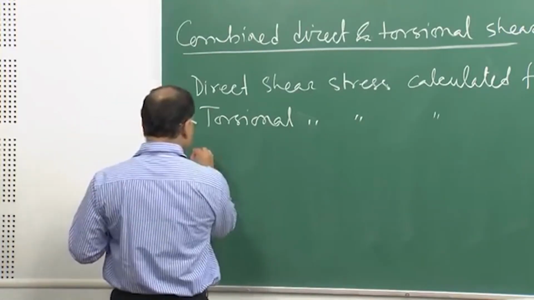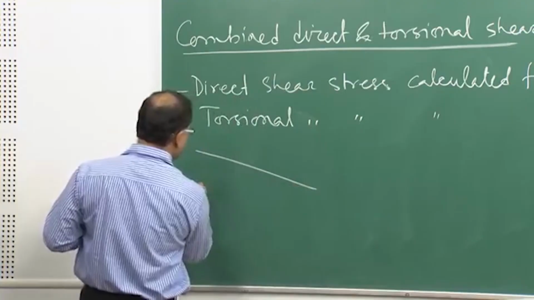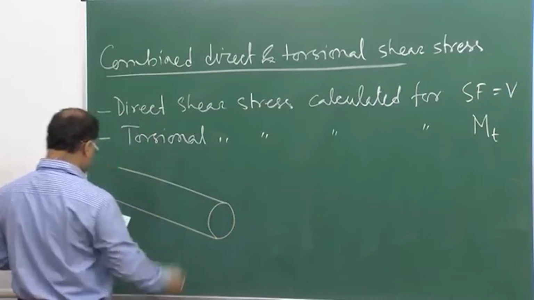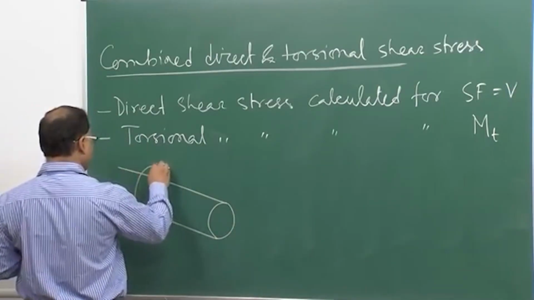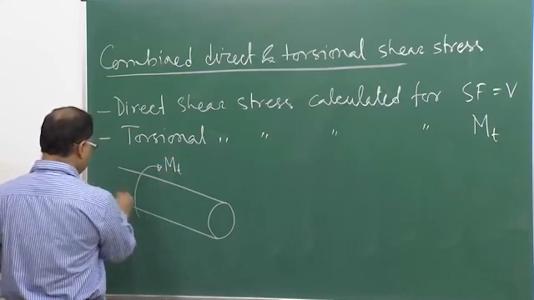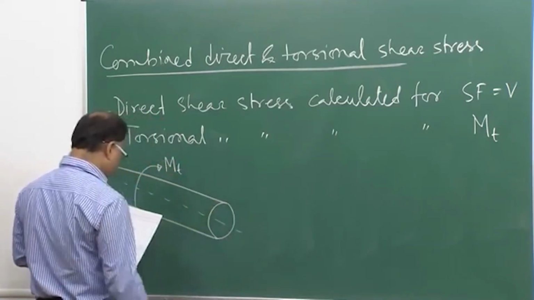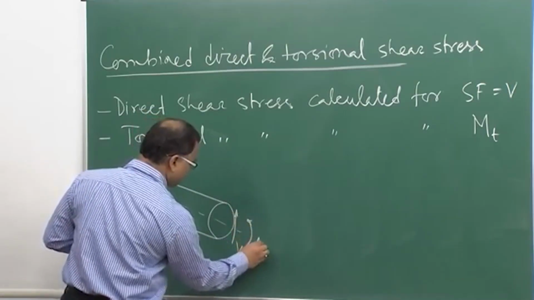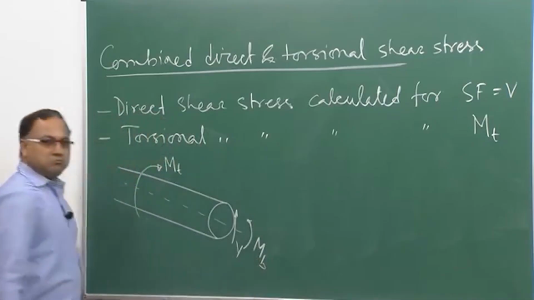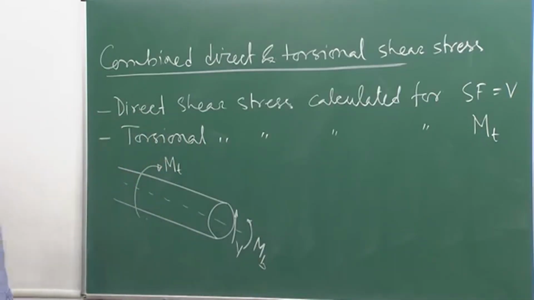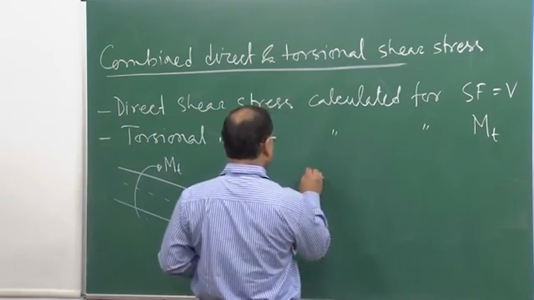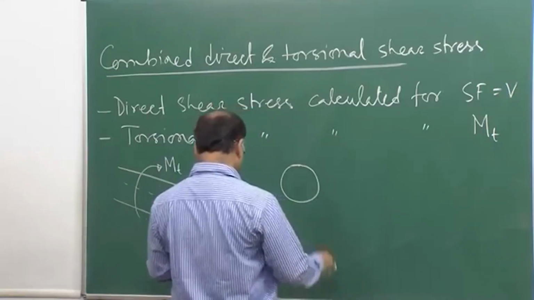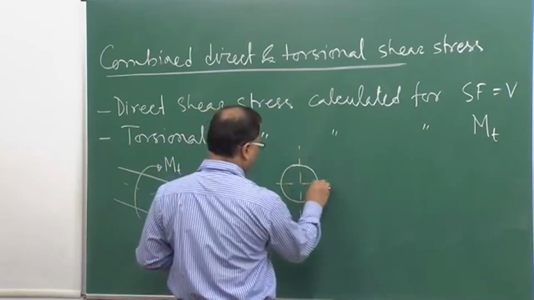Then, combining means you have the slender member like this. Suppose this is the slender member, you are applying MT, and at the same time you have shear force as well as bending moment. This might happen. So, if this happens, what will happen to your shear stress distribution? So, this is the cross section.